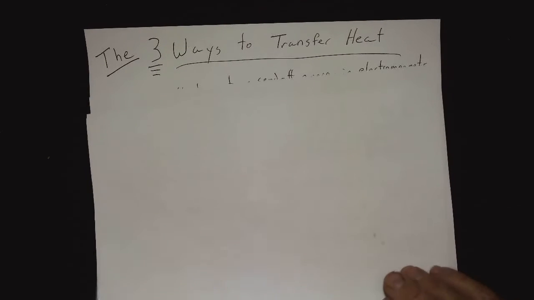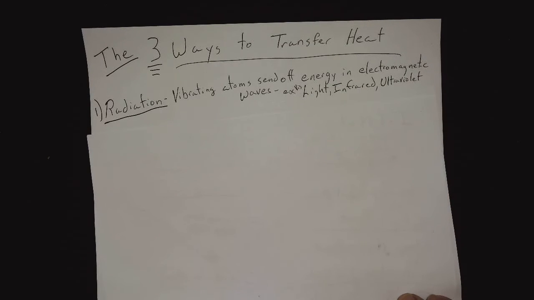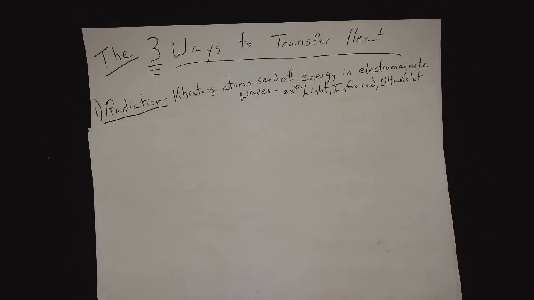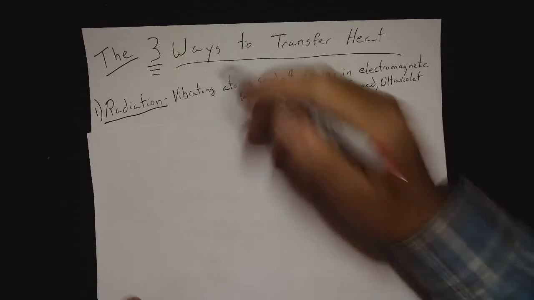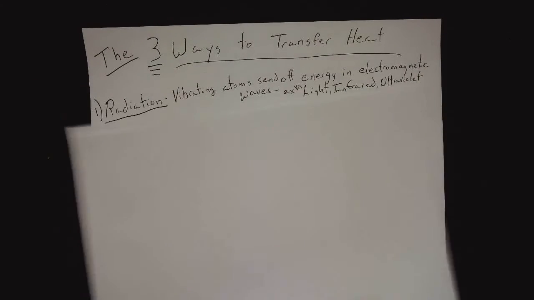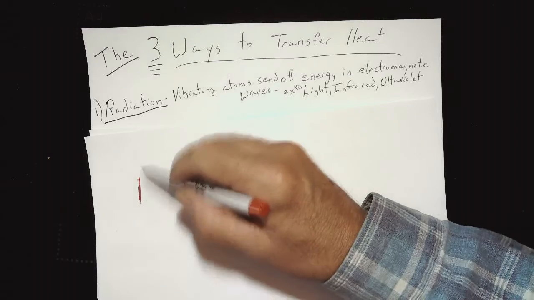Okay? So, first, radiation. Vibrating atoms send off energy in electromagnetic waves. Light, infrared, ultraviolet. So, when an atom is vibrating, it's going up and down.